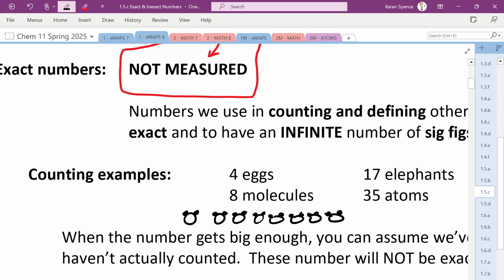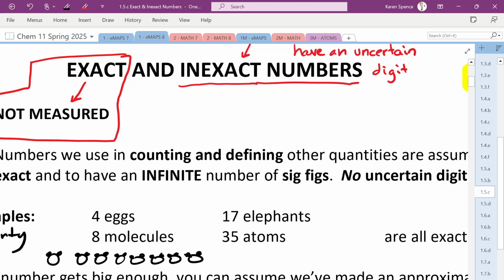So there's no uncertainty here. 17 elephants, 35 atoms, all of these are exact. Okay? And this is going to become important because exact numbers have to do with sig figs.